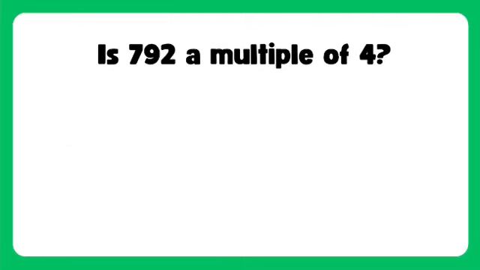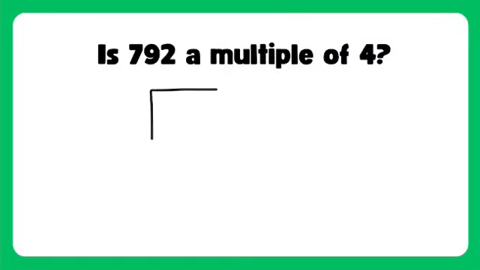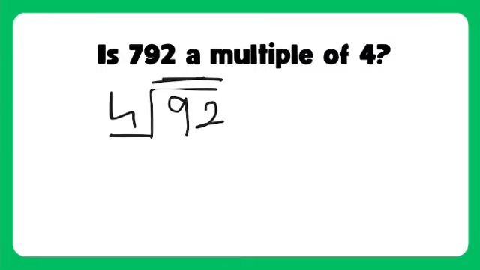Is 792 a multiple of 4? So if you remember, for 4, what you want to do is keep the last 2 digits, tens and ones, and cross out everything else. Now 92, we can try dividing this by 4. I'm going to put 92 over here, and 4 over here. We don't need to find any answer, so I'm just going to do that.